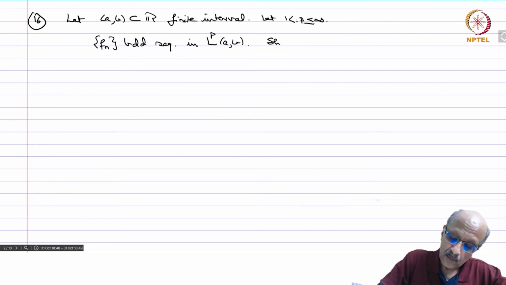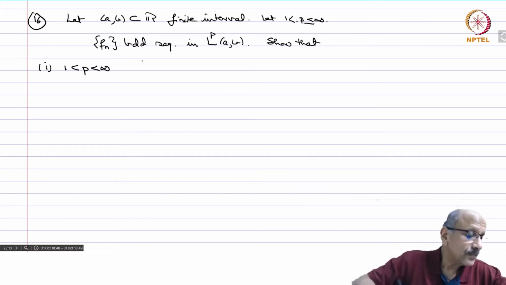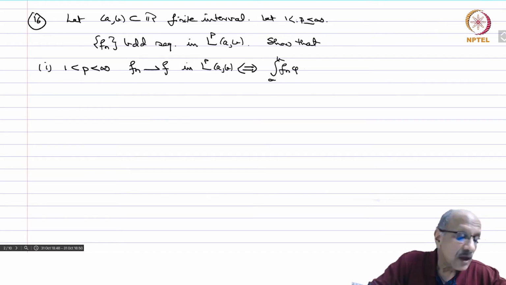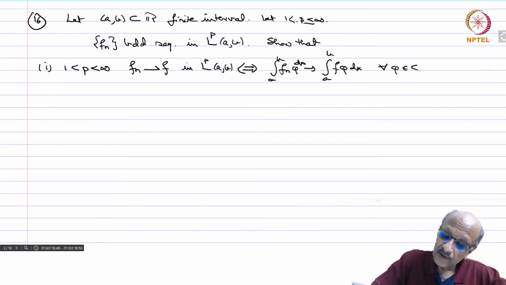Then show that for 1 less than p less than infinity, f_n weakly converges to f in Lp if and only if the integral from a to b of f_n phi dx converges to the integral from a to b of f phi dx, of course, for all phi in C_c(a, b).